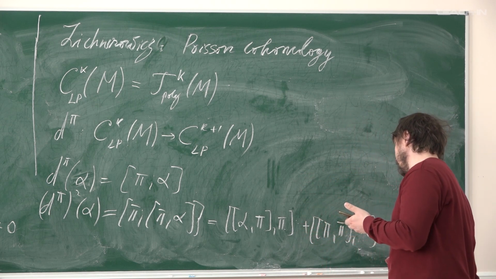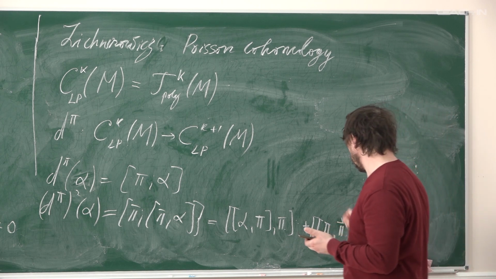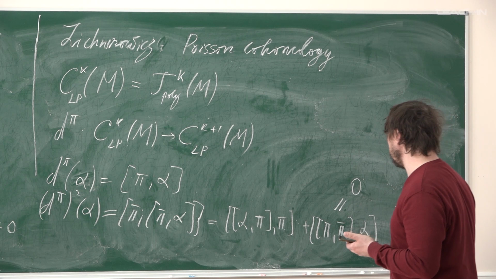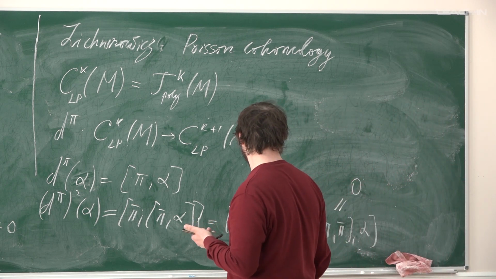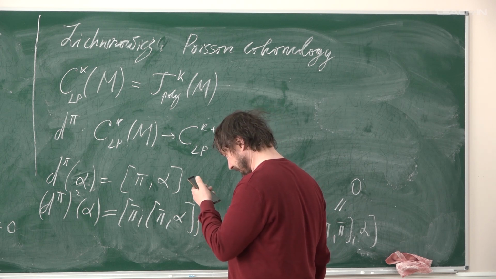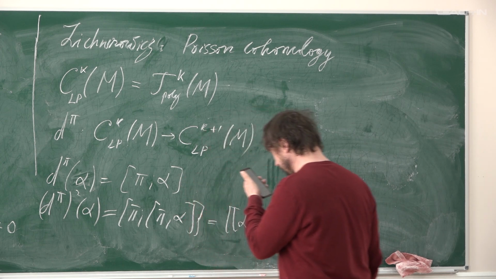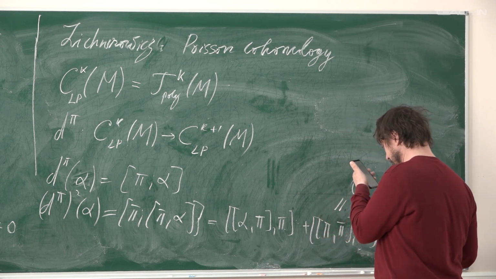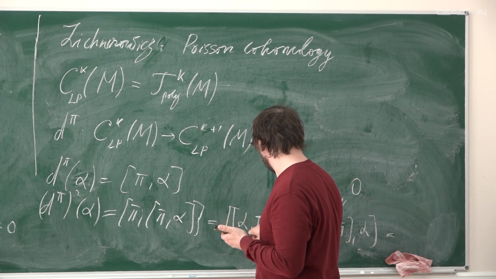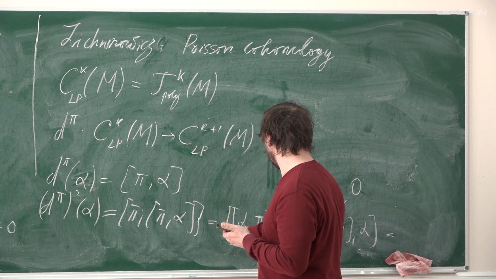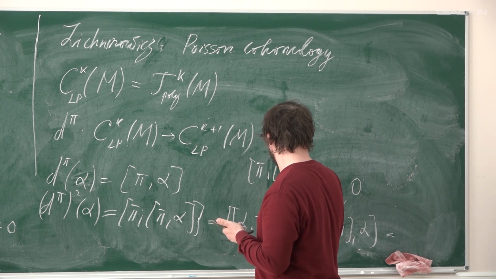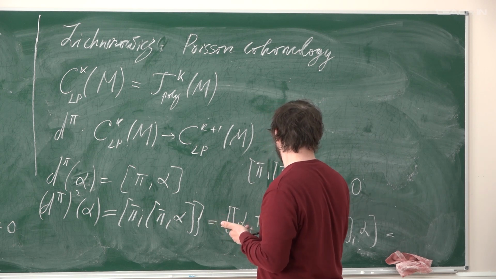Okay, I think it is like this. And so this term is equal to 0. And this term is equal to minus. So, when we change the order here and here, we get pi, comma alpha.